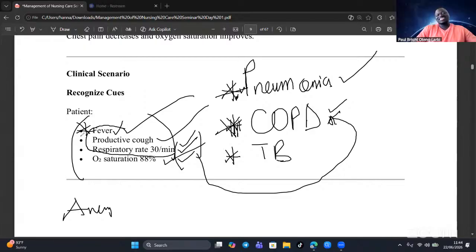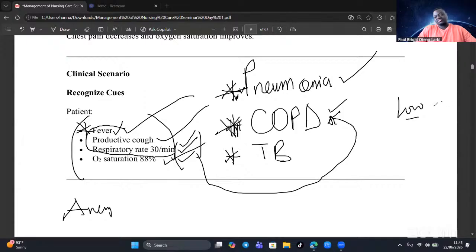So even if you use the word low grade, it can be our master cue, but we are analyzing. So when you are analyzing it, you look at the key differentials. You understand? The key differentials.